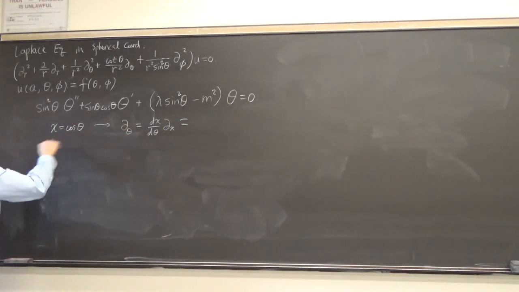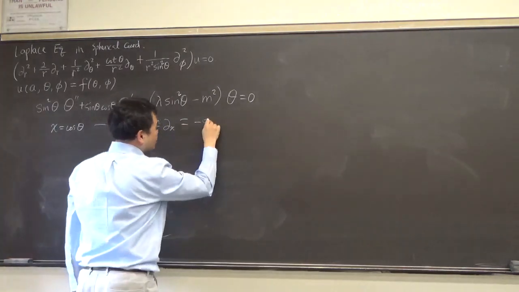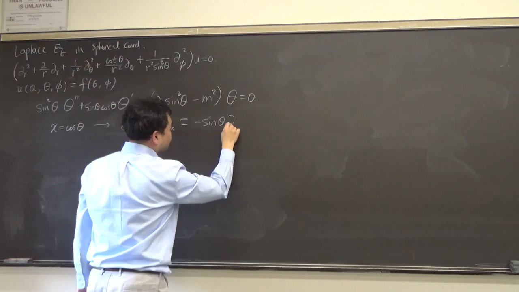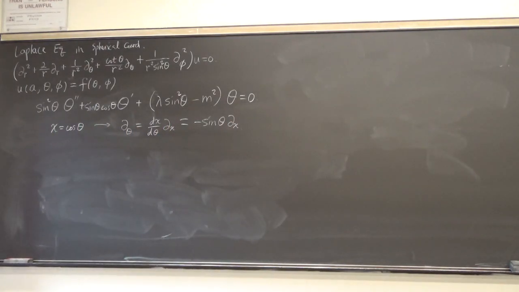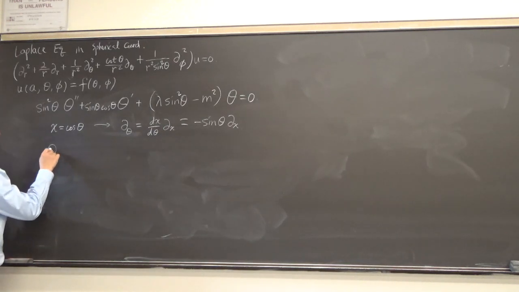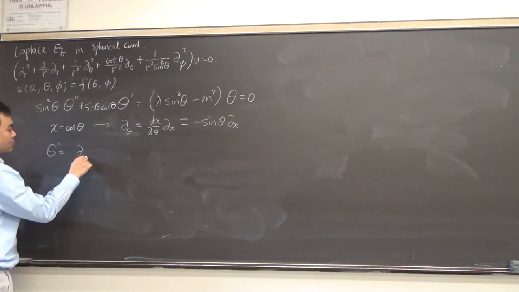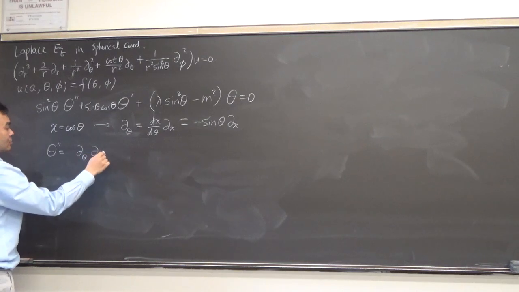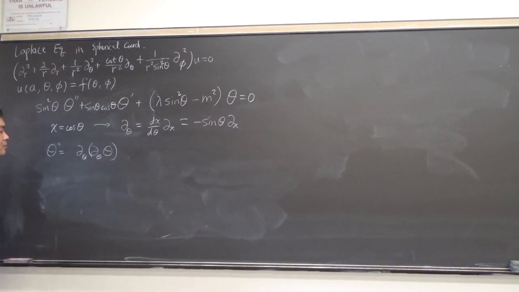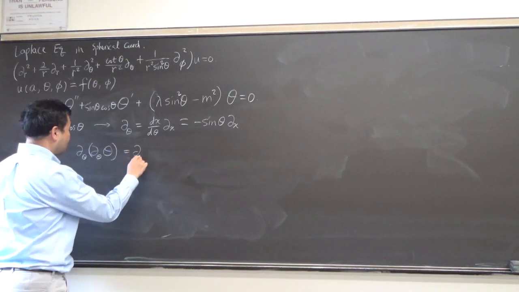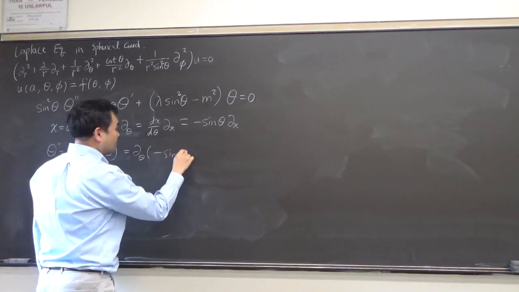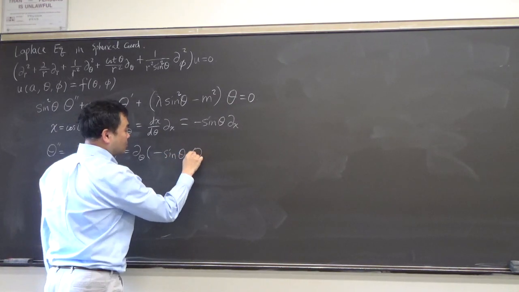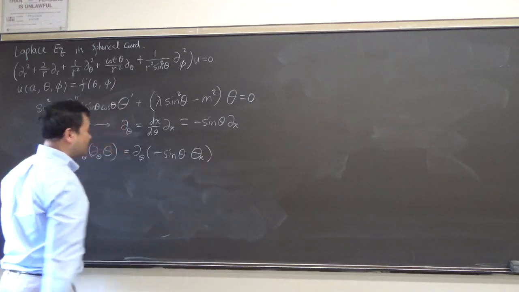Because if you differentiate cosine, you get negative sine theta. And then theta double prime, which is differentiating twice by theta, you can rewrite this part as negative sine theta of theta differentiated by x.